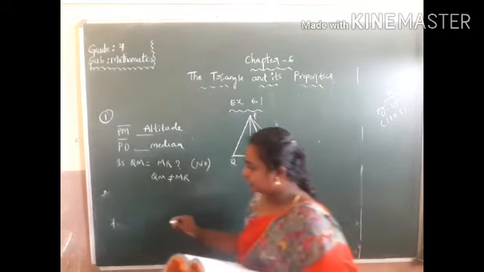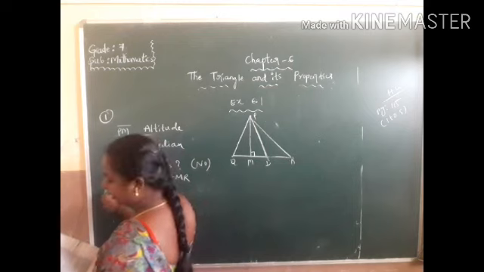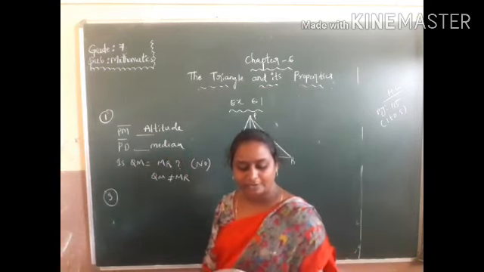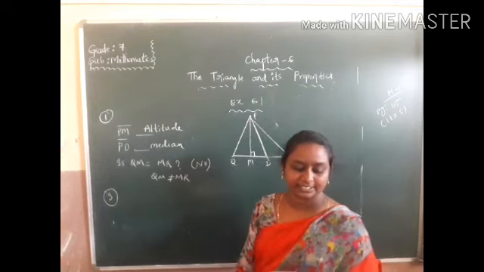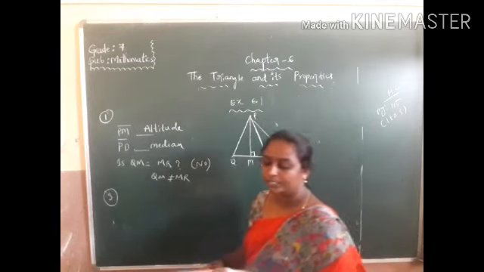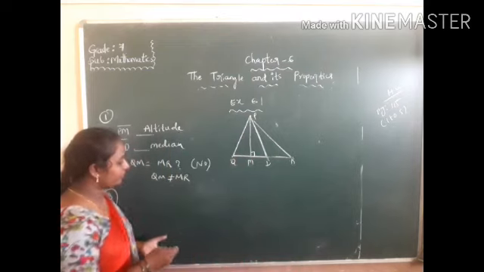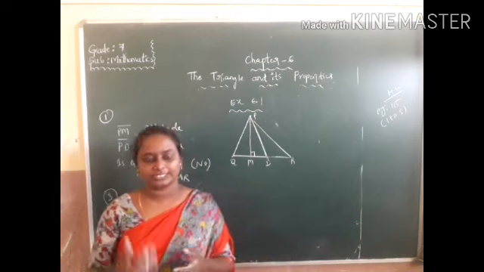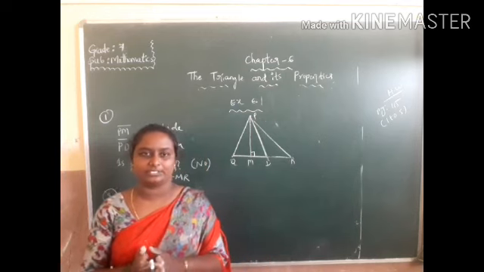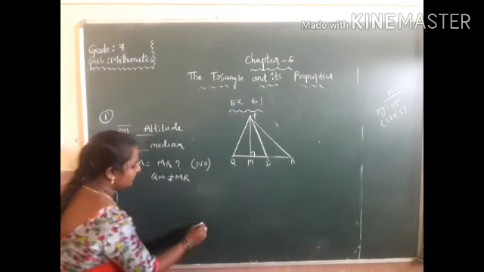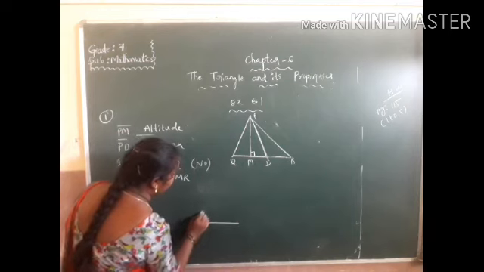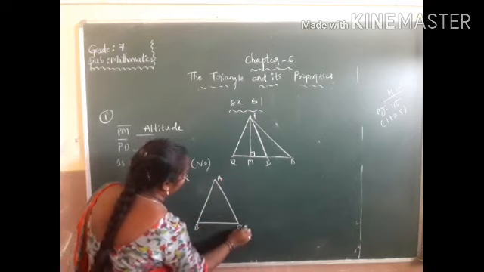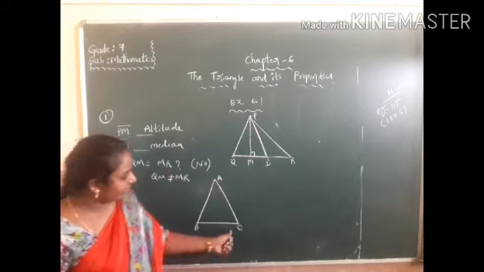Come to the third one. Verify by drawing a diagram if the median and altitude of an isosceles triangle can be the same. Here you have to show that the median and altitude are the same, how? Isosceles triangle means two sides are equal. So it is an isosceles triangle ABC.